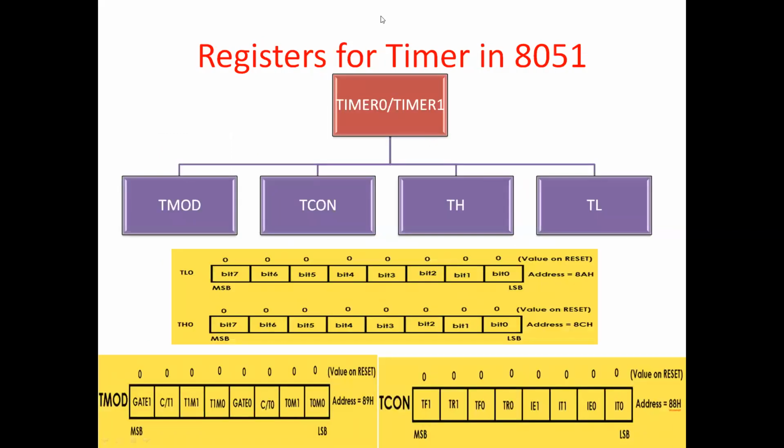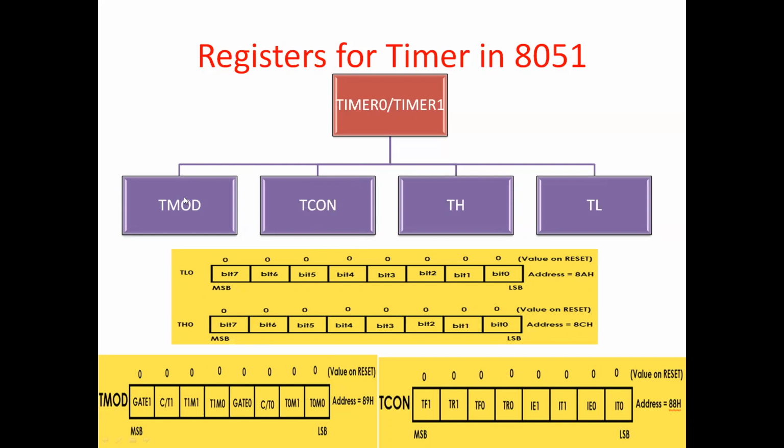So what are the different registers associated with the timer? There are 4 registers: TMOD, TCON, TH, and TL. For TH and TL, there is no special operation. For every clock pulse received, these two registers are incremented. Then, to control the operation of the timer in different modes, two other registers are used.